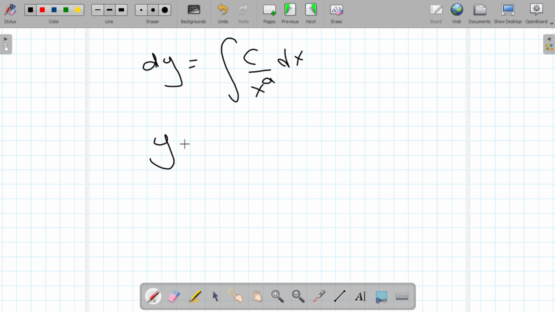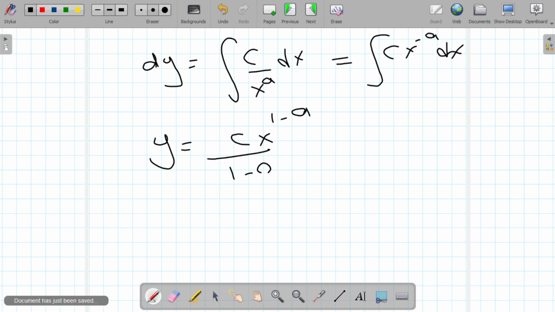So y is equal to the integral of c, and actually this can be rewritten as cx to the minus a dx. We write that integral out like that. So you can see that if a is not equal to 1, then what we get when we integrate that expression is cx to the 1 minus a over 1 minus a.